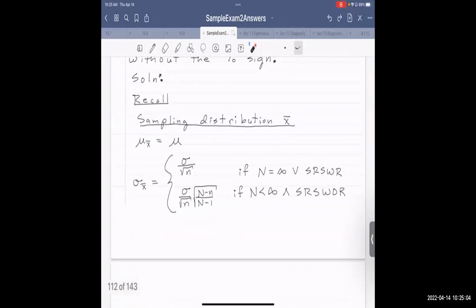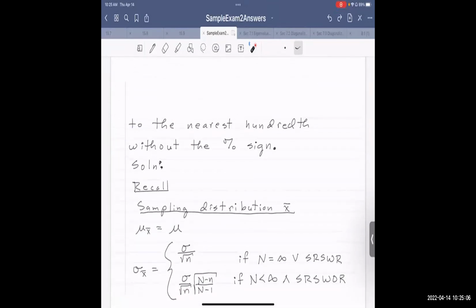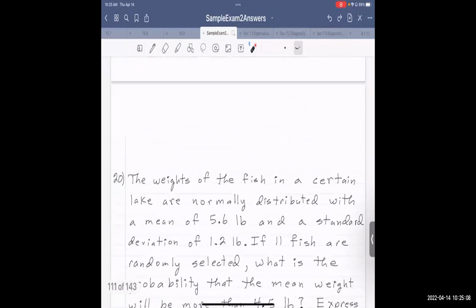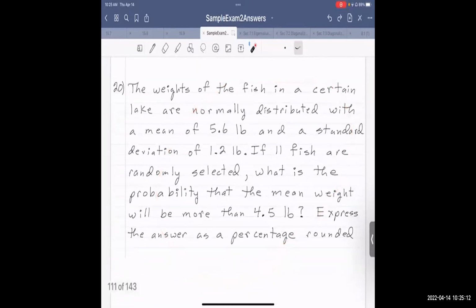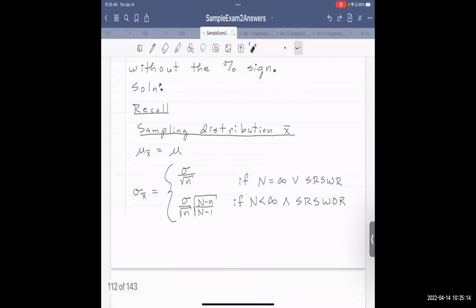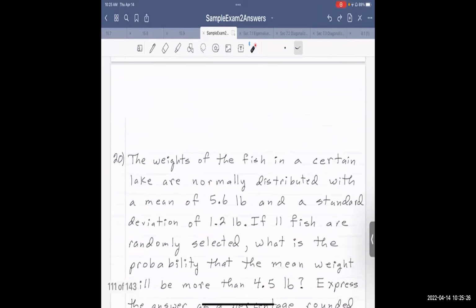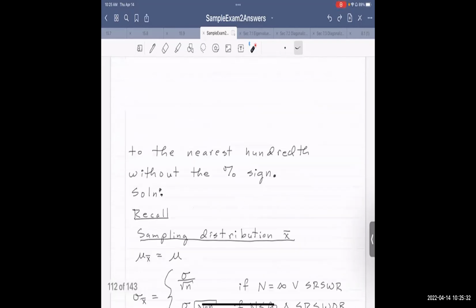So in this case, they don't tell us the size of the population. Therefore, the population is infinite. And so this is the formula that we'll be using to determine the standard deviation for the sampling distribution of all possible sample means. Well, we have that the population mean is 5.6 and the population standard deviation is 1.2.